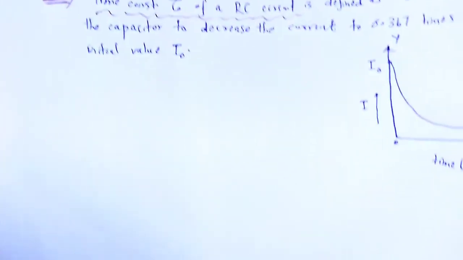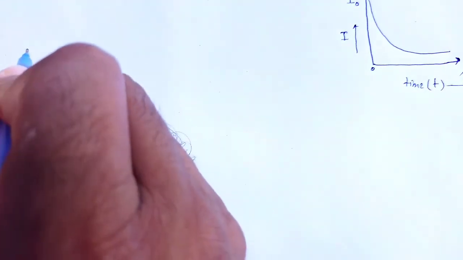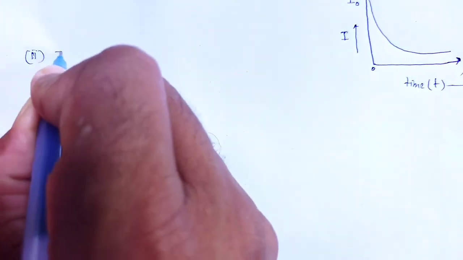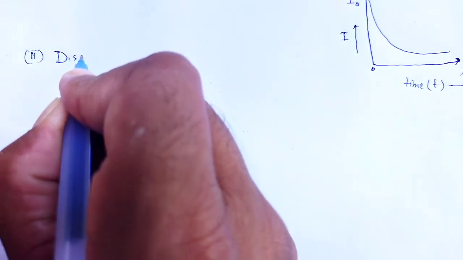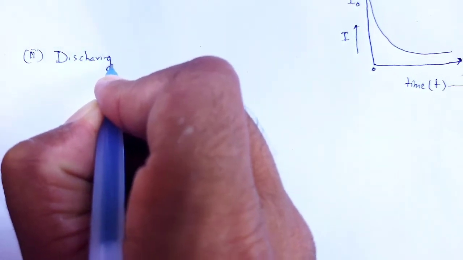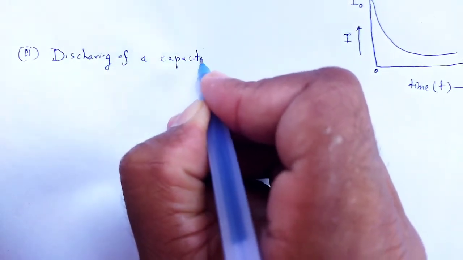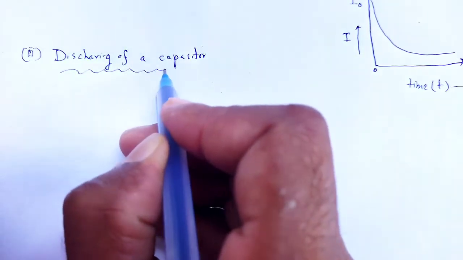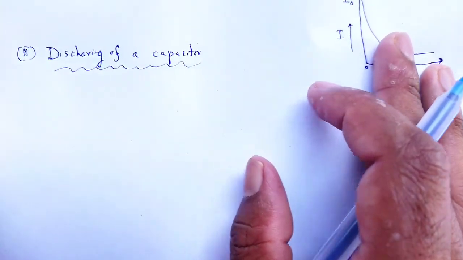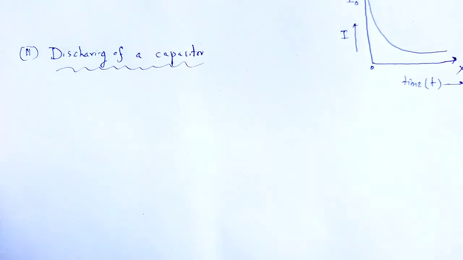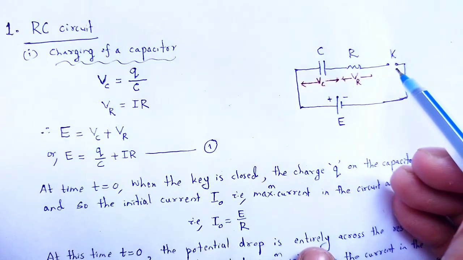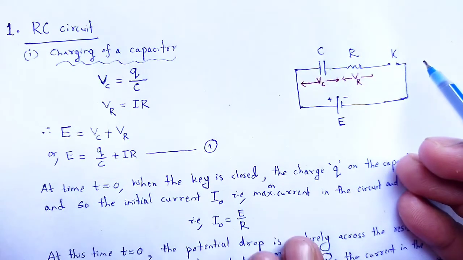Next scenario, discharging of a capacitor in case of an RC circuit. Look here, when that key is open, what happens?